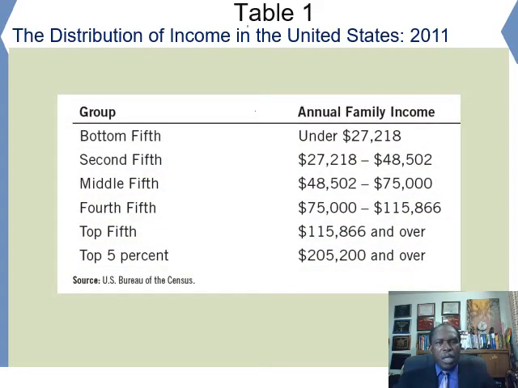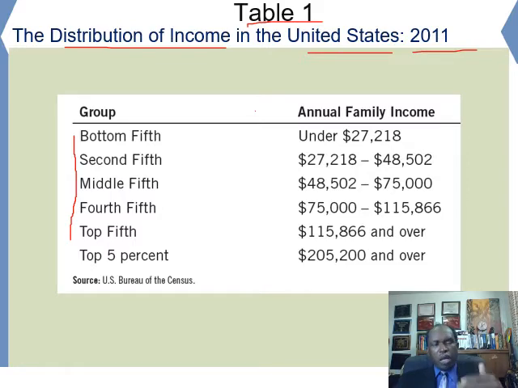Table 1 summarizes the distribution of income in the United States in 2011. We're going to divide the families into 5 equal groups, and then see how much income is earned by each group.